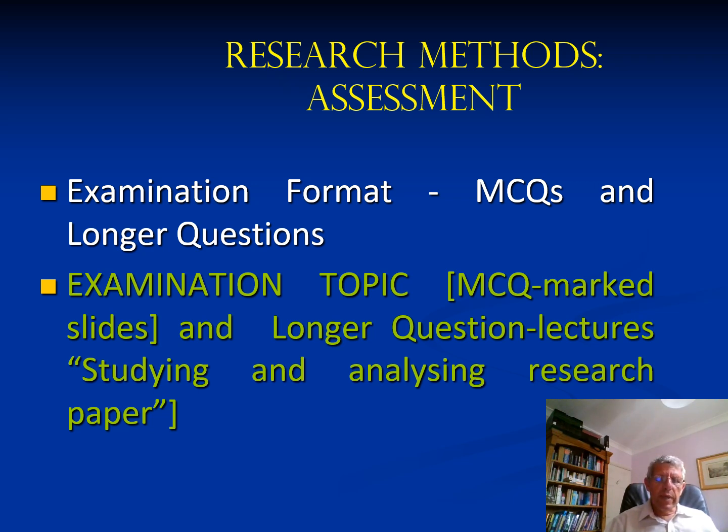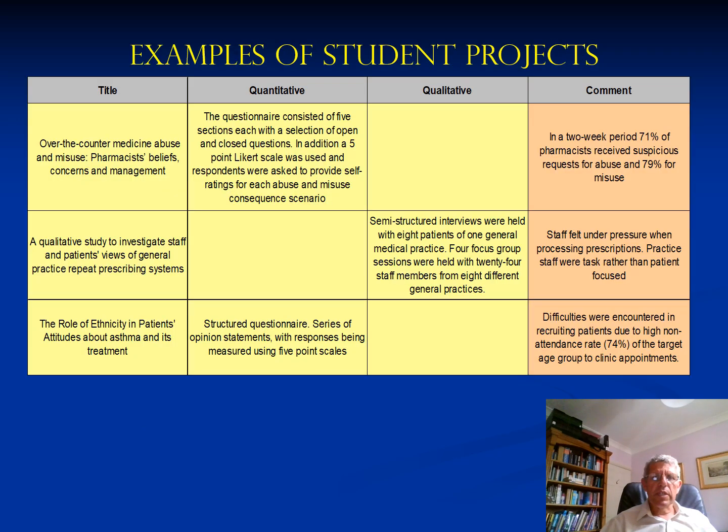And these questions will be asked within the Stage 3 Block 1 material. Typically, there are around 5 to 10 questions based on the research methods. And there will also be a few longer questions based on one paper that we're going to be examining in detail in another session. So let's look at some examples of research projects.